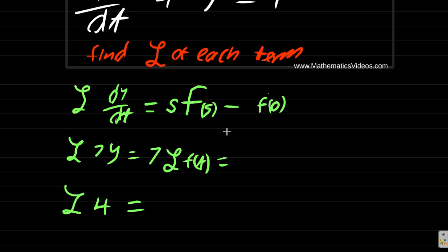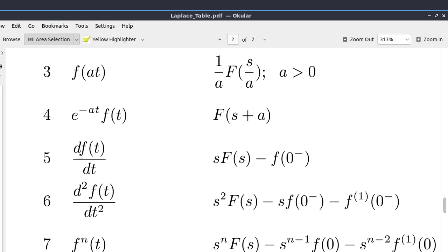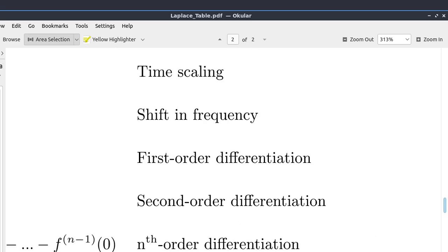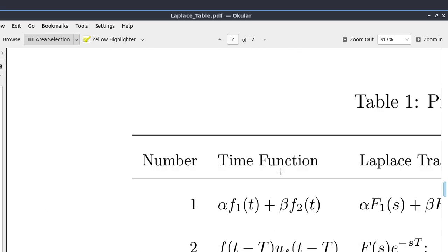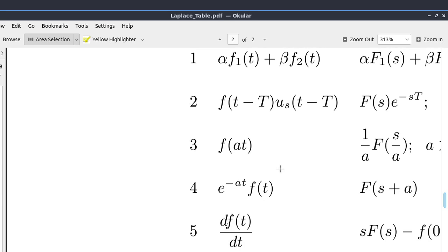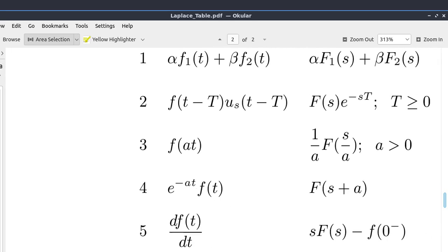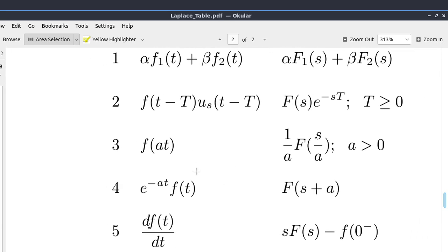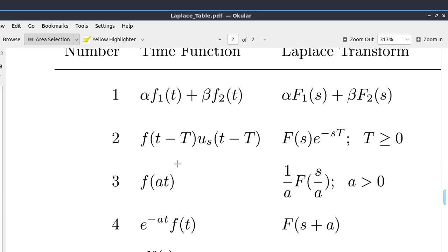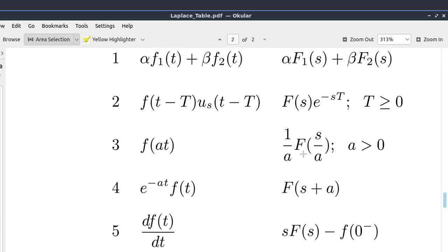Now the Laplace transform of this one is 7 times the Laplace transform of f of t. What is it? The Laplace transform of y. This is saying of f of at. This table puts it in a more complicated way as 1 over a F of s divided by a.